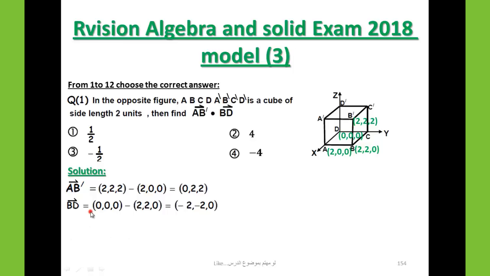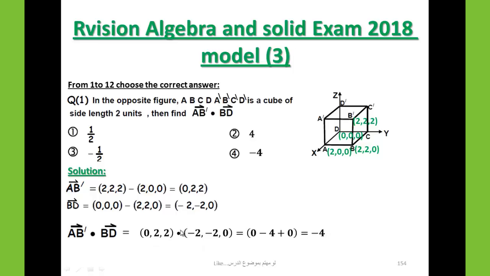Now A B dash dot B D equals 0, 2, 2 dot negative 2, negative 2, 0.